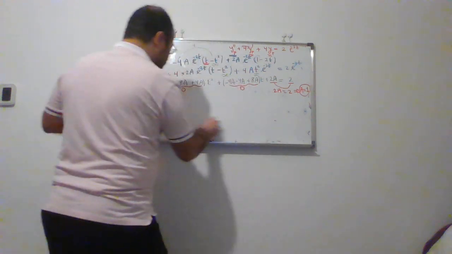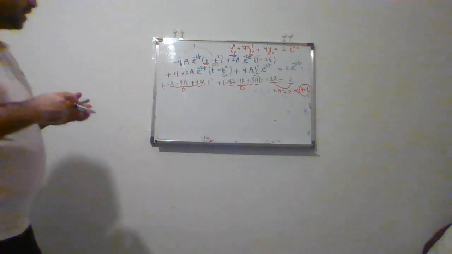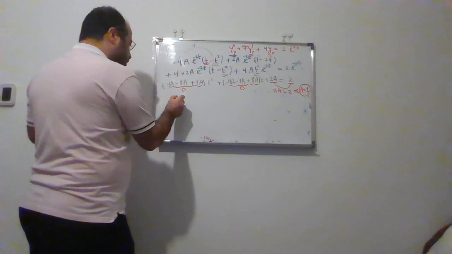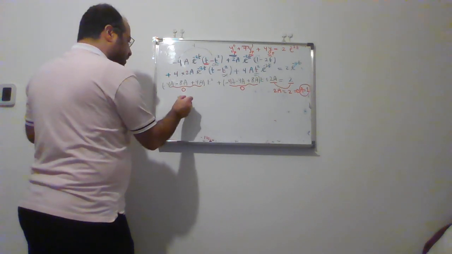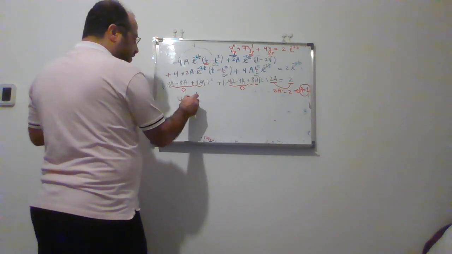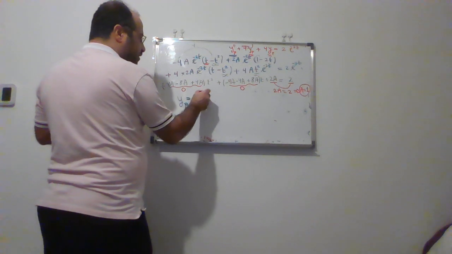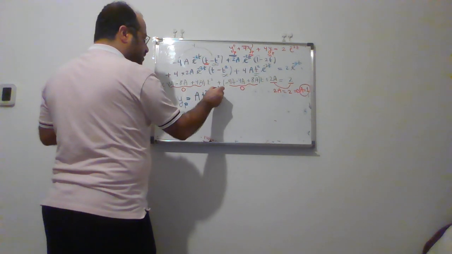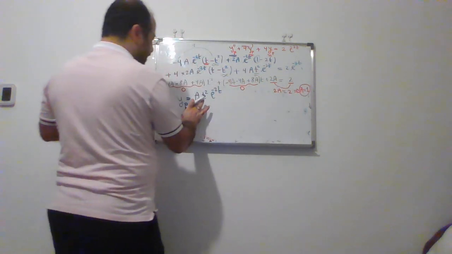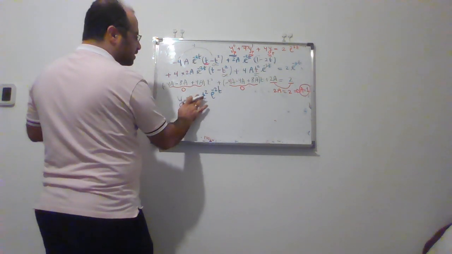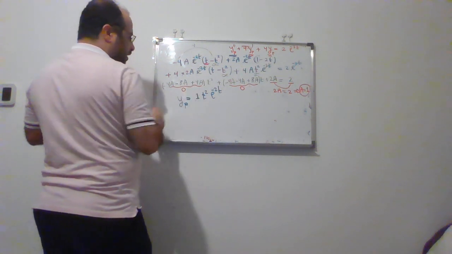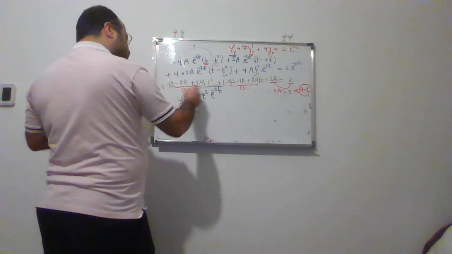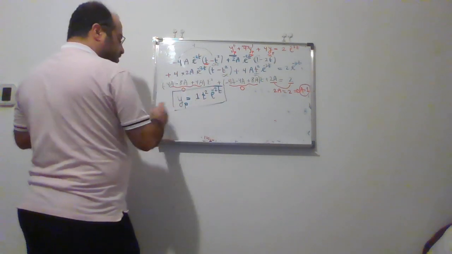So now you go to y particular. Here is the y particular. It was a t squared e minus 2t, right? But I know what is a. A now is 1, right? So now you got y particular and you got y homogeneous.